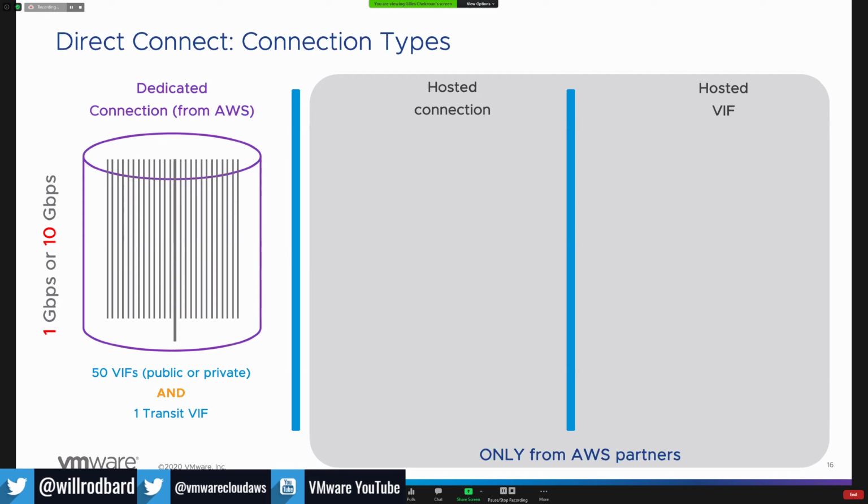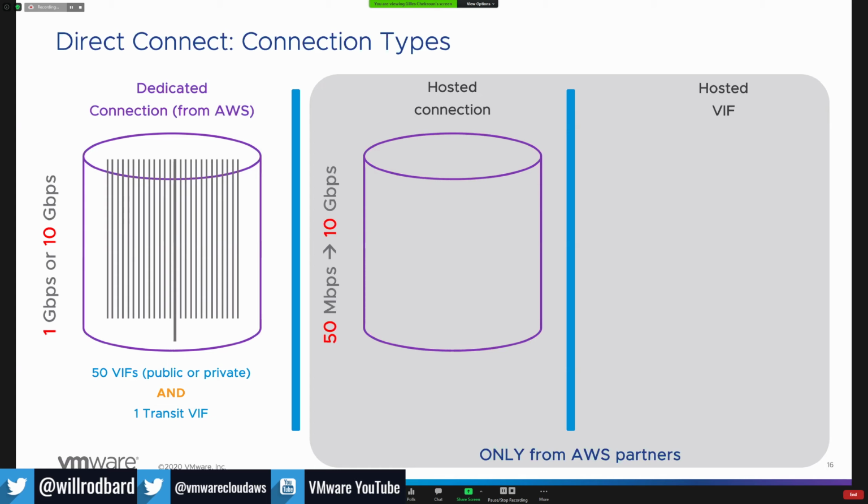Let's see what is a hosted connection. The hosted connection is also some kind of dedicated connection, but now it goes from 50 meg to 10 gig in multiple ways: 100, 200, 500 meg, 1 gig, 2 gig, 5 gig, 10 gig. This is provided by the partners, but it has only one VIF, only one. And you can choose that this VIF is a public or a private VIF or a transit VIF if you are over 1 gig.